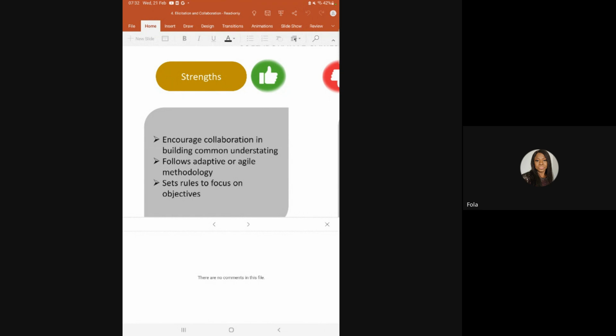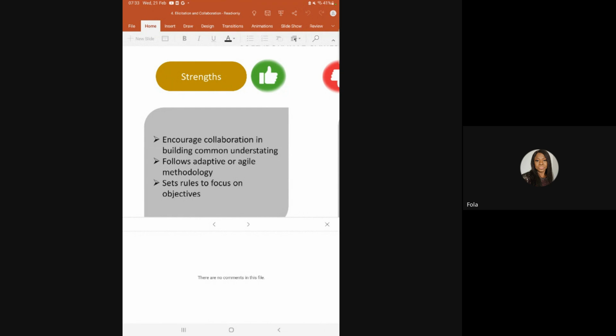So that's how it is. The collaborative games will help encourage collaboration and building common understanding. By putting that challenge, you can always get a good understanding. It also follows the adaptive methodology, the agile concept. Like you are building something, if you can quickly find where it will fail, you will ensure that the solution is right and doesn't fail at the execution.